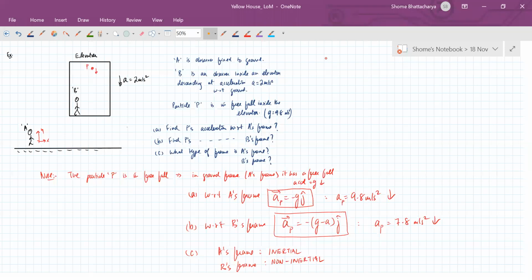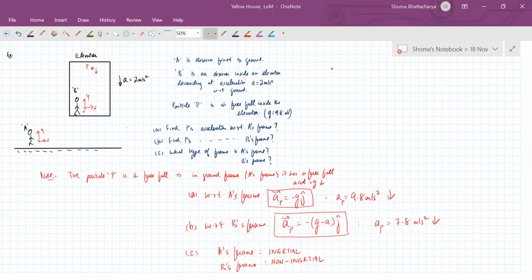Yes, that is correct. So reference frame is all about the measurement of motion with respect to one observer's coordinate frame. Observer A's coordinate frame is fixed to the ground, so he will measure the acceleration of the falling particle to be 9.8 downwards.